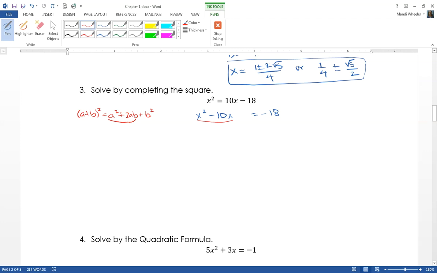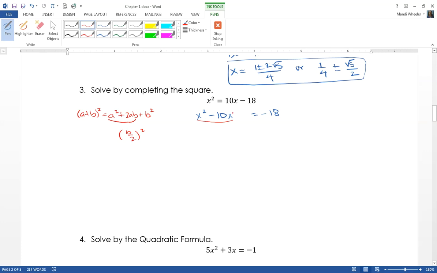And so we're going to divide by 2 so we get just b by itself and then square it. So that's our kind of magic value. So what we want to add here is b over 2 quantity squared. In this case our b is -10.